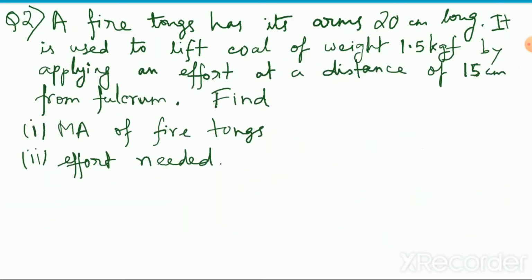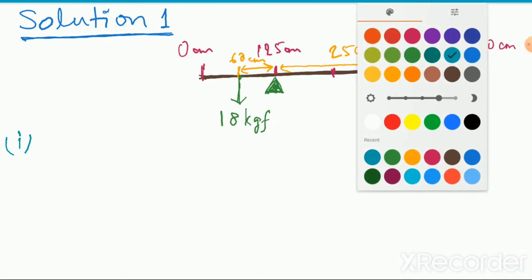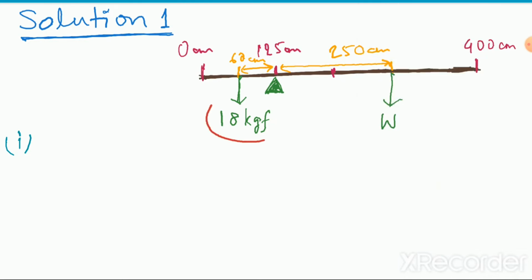Then it is asked, what is the value of the weight W? Now, in the first part of the solution, you have drawn the figure, so we have to apply the law of equilibrium, the principle of moments, which says that the total clockwise moment is equal to the total anti-clockwise moment. This 18 kg is producing an anti-clockwise moment, and W is producing a clockwise moment.